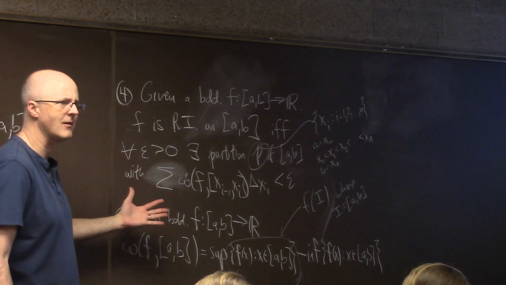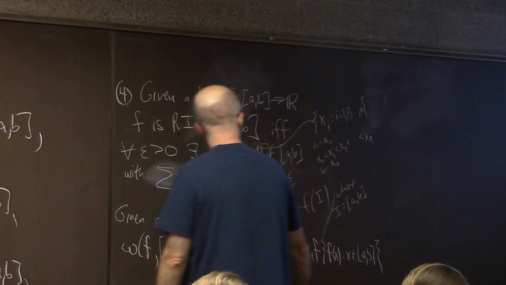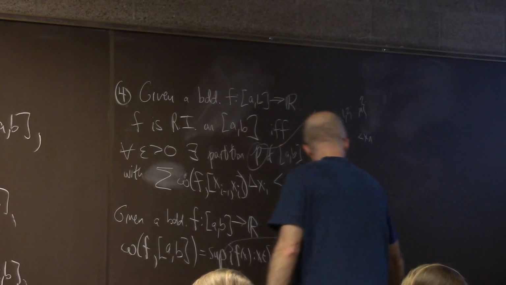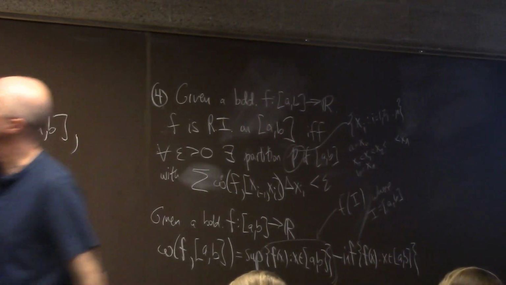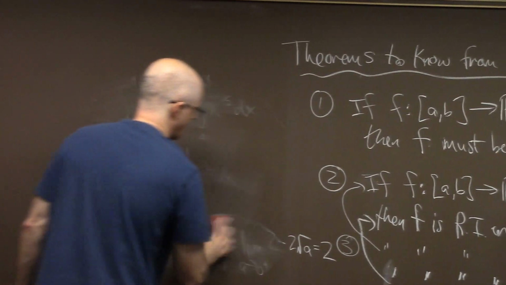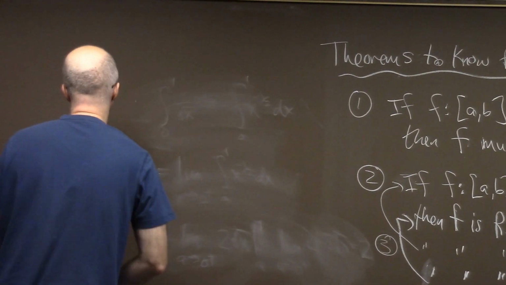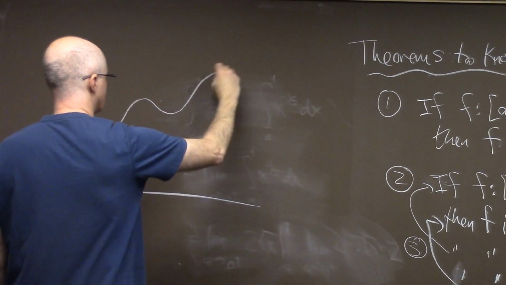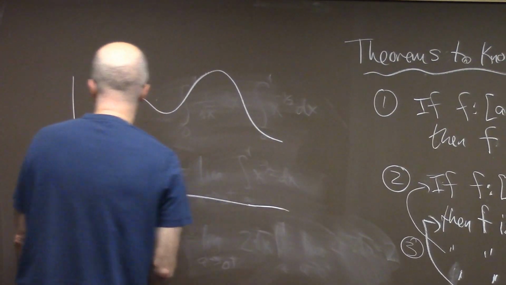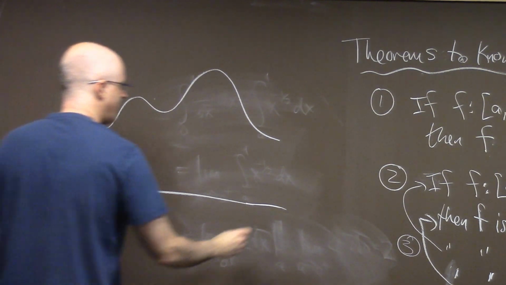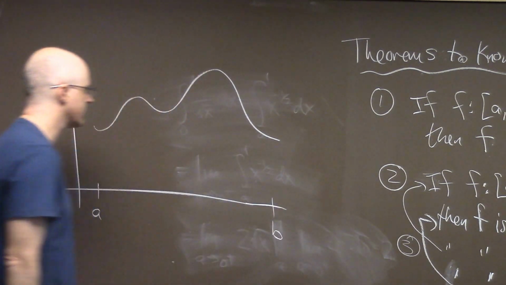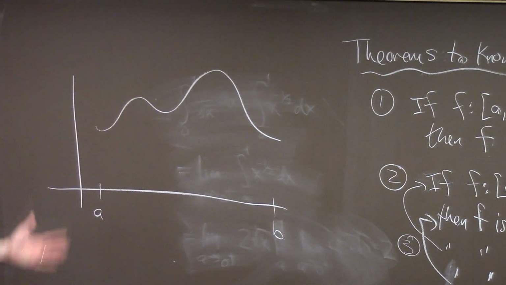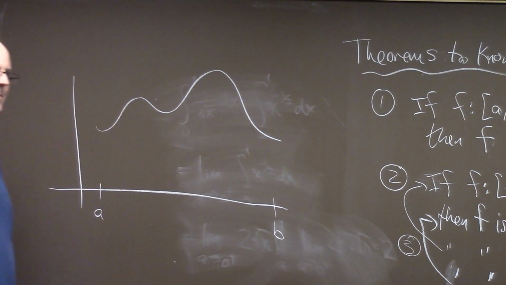What does it mean, though? What does it mean geometrically? Draw a picture way over on the other side here. Got a function defined on the interval from A to B and bounded. I drew it to be continuous, but it wouldn't have to be.